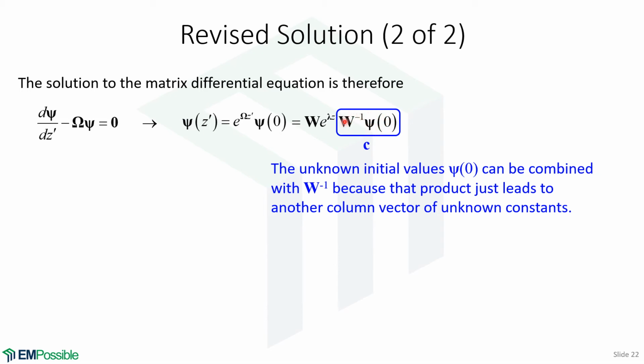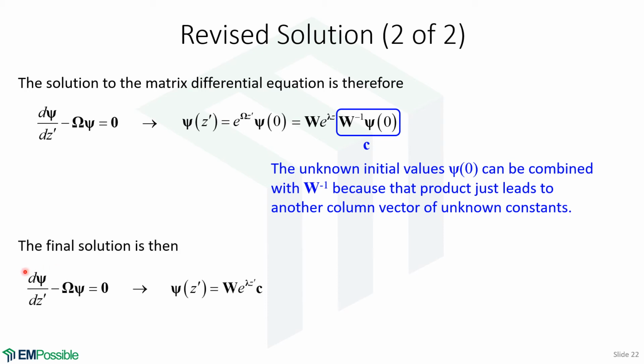We invert it, which just gives us another square matrix, but this will be known numbers. If we take a square matrix of known numbers and pre-multiply a column vector of unknown numbers, we simply get another column vector of unknown numbers. So why keep doing this? Let's just group these together and call this a column vector of unknown numbers. That's exactly what we do, and it saves us some computations.